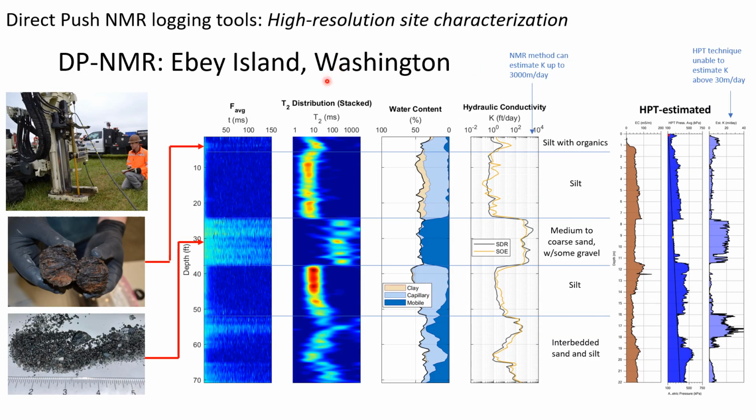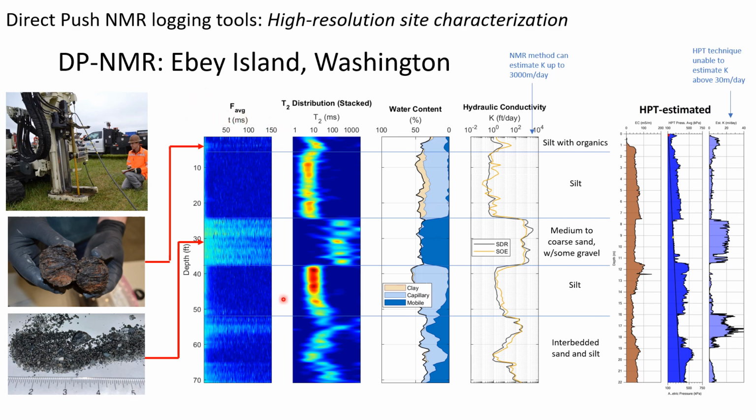So here's a specific example of the direct push NMR logging that was used for high resolution site characterization, and this is the Eben Island site in Washington State, and you can see that very high quality data is observed using these tools.